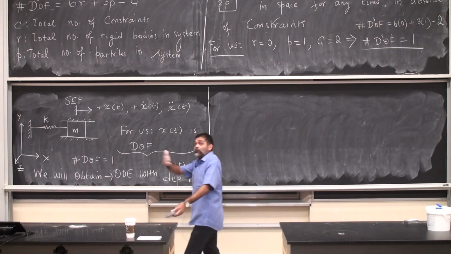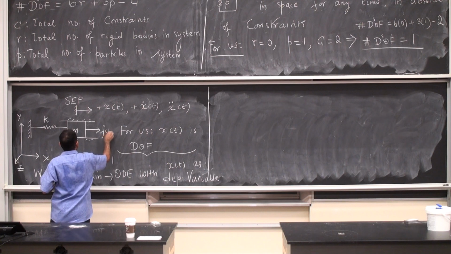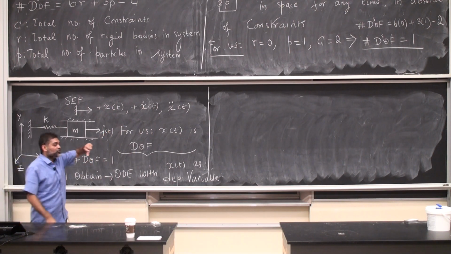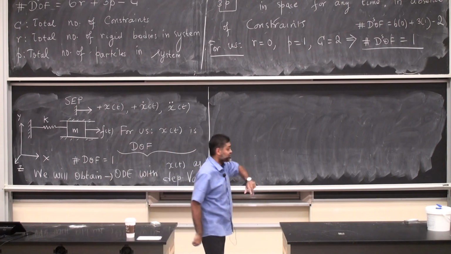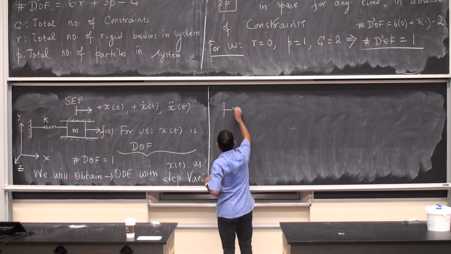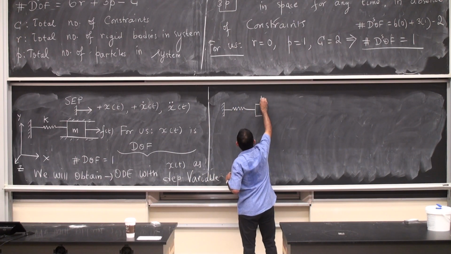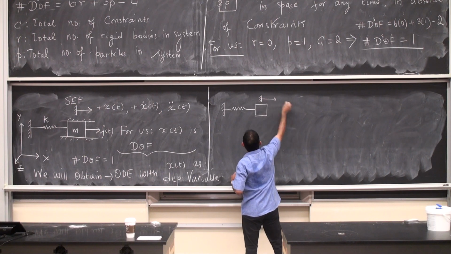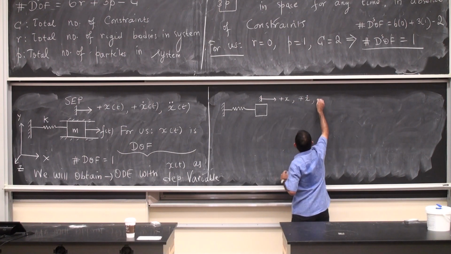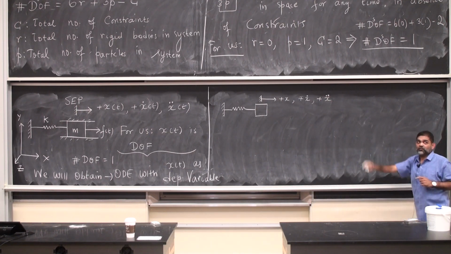I'm going to say, okay, apply a force on the mass. Okay? And I'm going to draw two things. I'm going to draw the unstretched position of the mass with the spring. This is the coordinate system, okay?